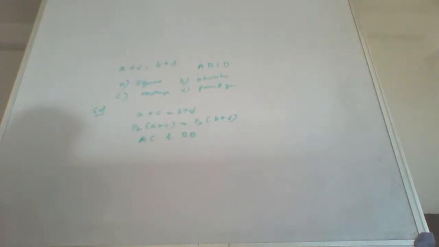In addition, we know that the diagonals of a parallelogram bisect each other. Hence, it is a quadrilateral, so hence it is a parallelogram.